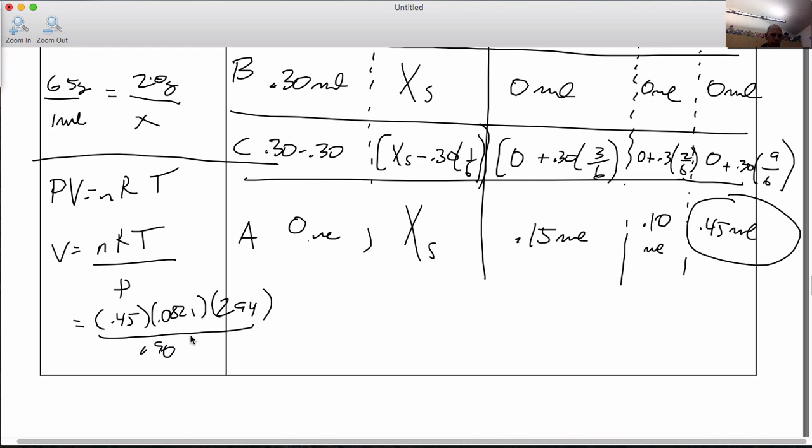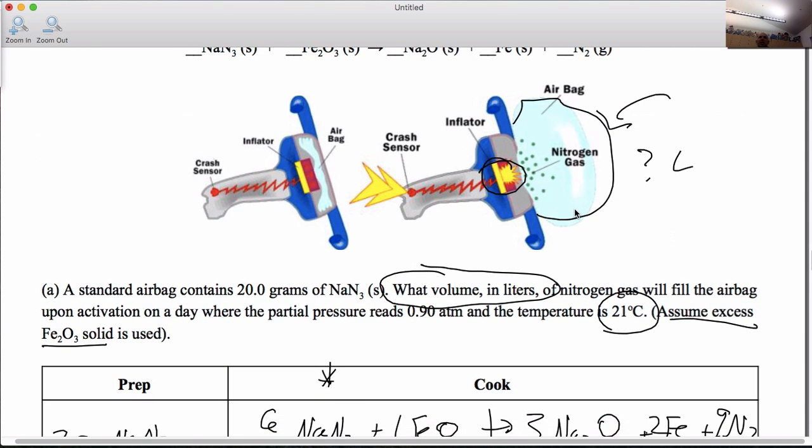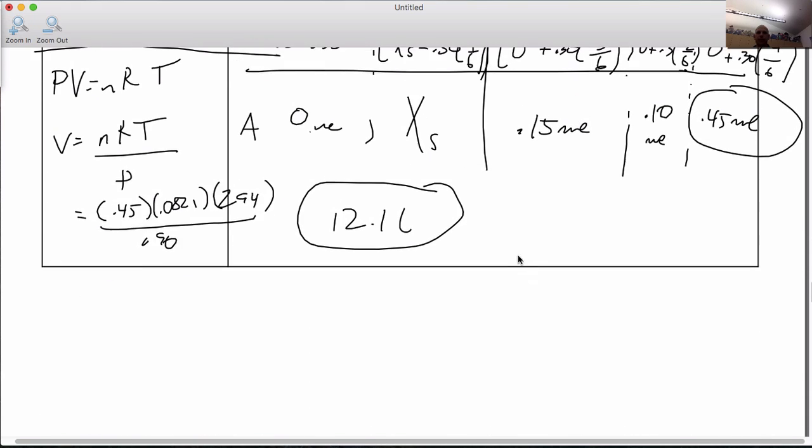So 0.45 times 0.0821 times 294 divided by 0.9 equals 12.1. And that makes a lot of sense. That bag is around 6 soda bottles big.